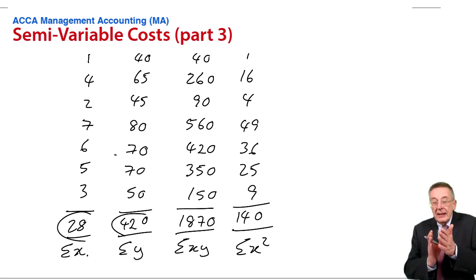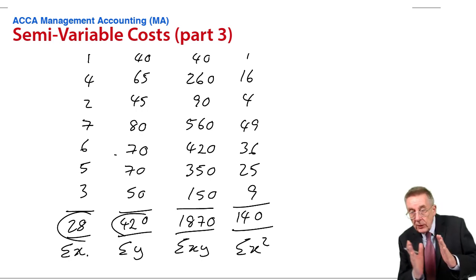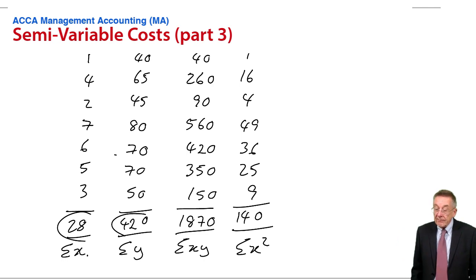Correlation means how well do they match together. If it's a perfect match, it would be linear. If it's not perfect, it wouldn't be.